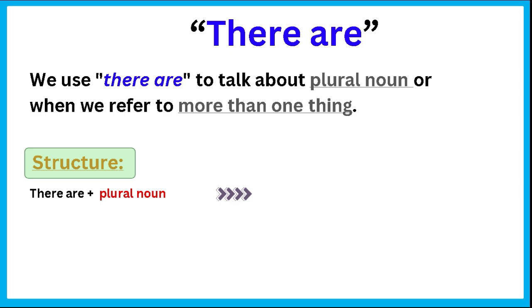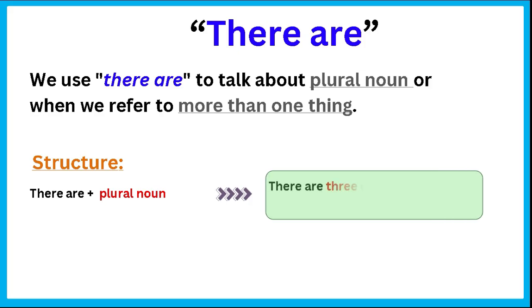There are is followed by a plural noun. Let's see the example for these phrases. There are 3 chairs in the room. Three indicates more than one. So the noun should be with s, of course. There are 3 chairs in the room.